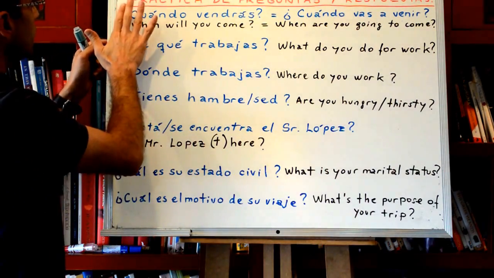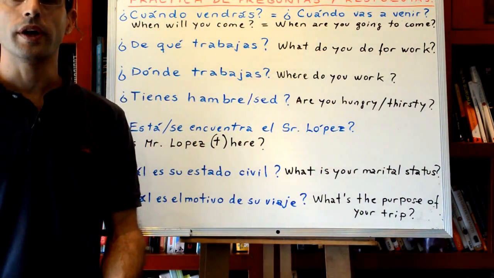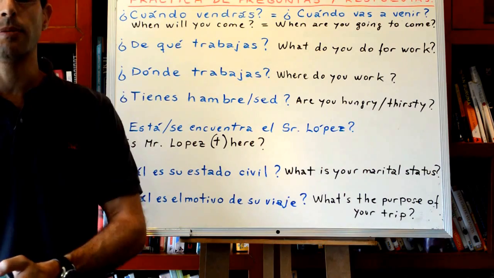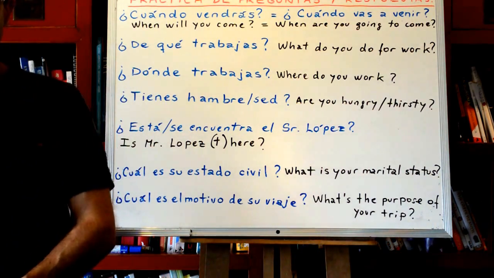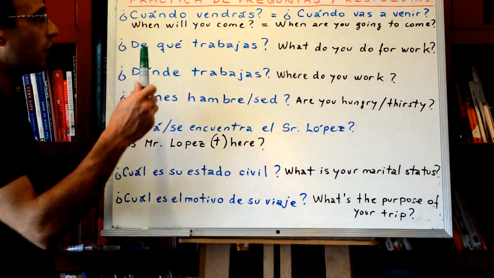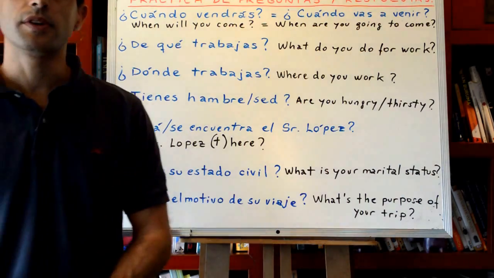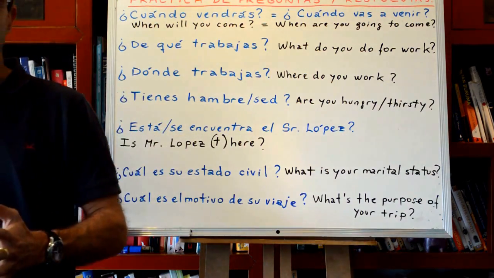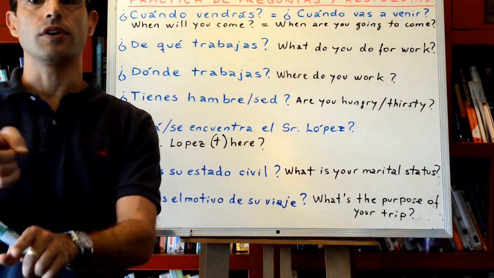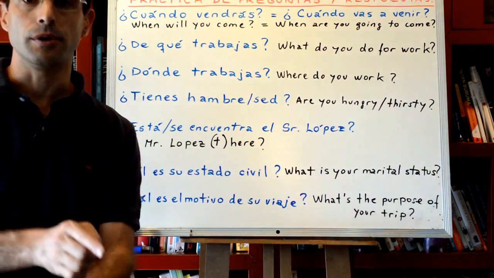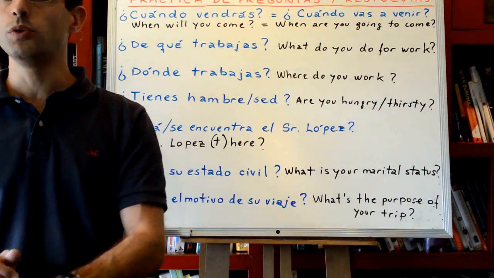If we delete the question marks, this is when will you come will become you will when you will come, okay? So here it sounds a bit awkward because cuando is a question word, but what I want to mean is that while in English we have to invert the order of the subject and the verb to convert a sentence into a question, in Spanish we do not do that.